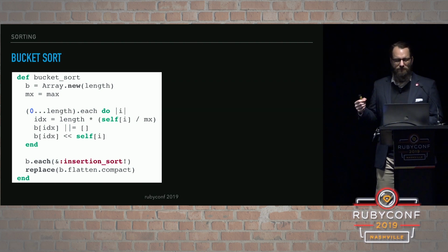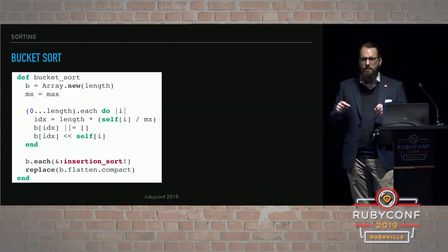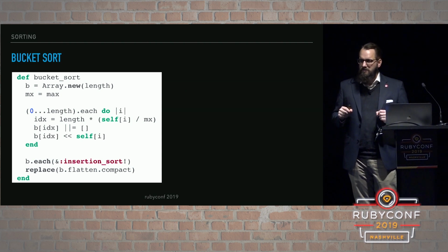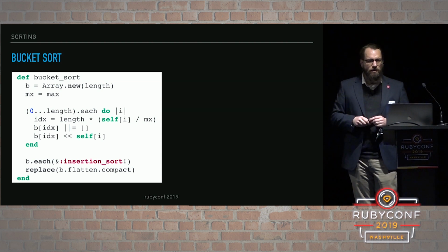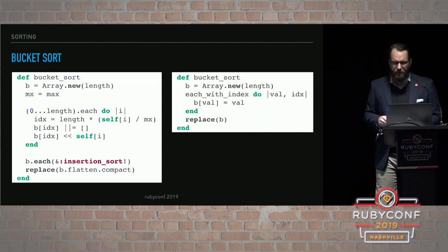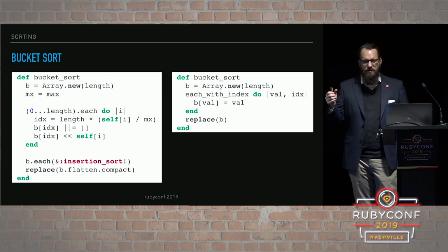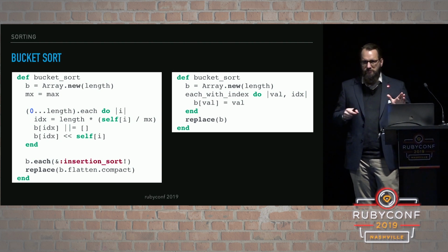There's a special case of bucket sort even that's even better than this. If you know exactly what the distribution and type of data that you have, you can actually do a little bit better and have it as simple as this. In this case, you might think of, I have a deck of shuffled cards, and let's say clubs are the lowest and hearts are the highest, or what have you.